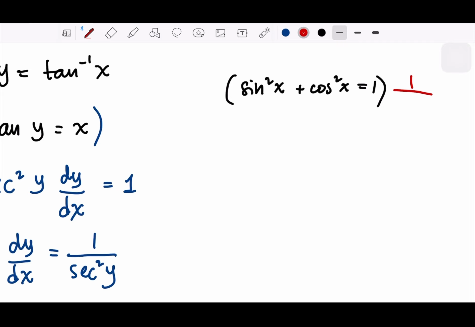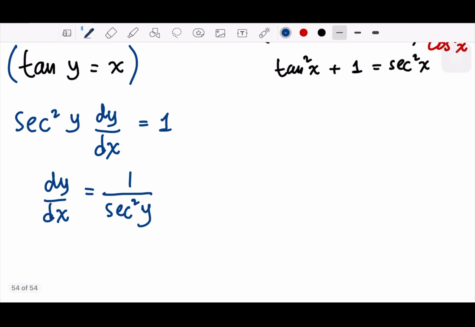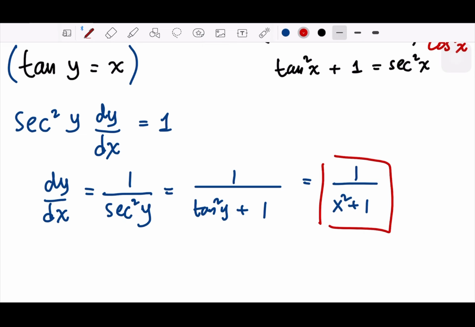If we multiply all the terms inside with 1 over cos squared x, this will be equal to tangent squared x plus 1 over cos, which is secant squared x. Okay. Now we can simply change this into tangent squared y plus 1, or this will be 1 over x squared plus 1. This way we can easily get the result.